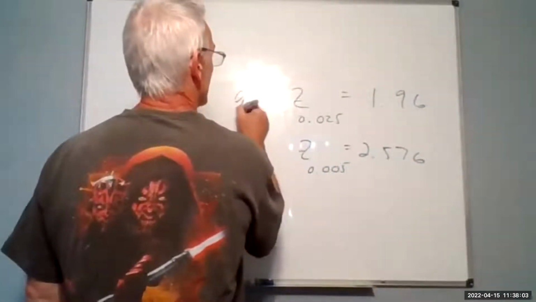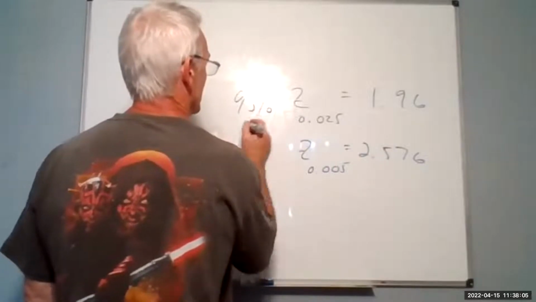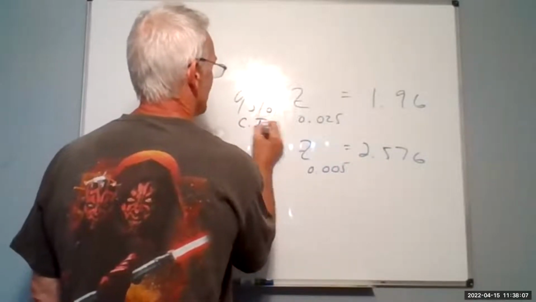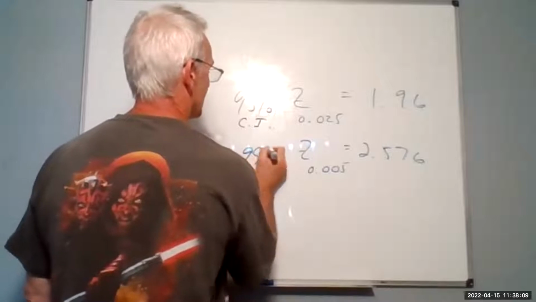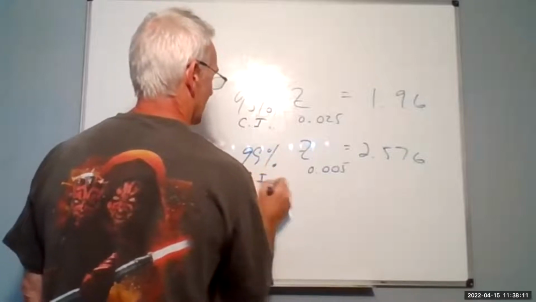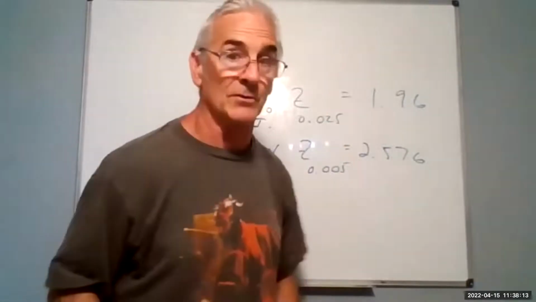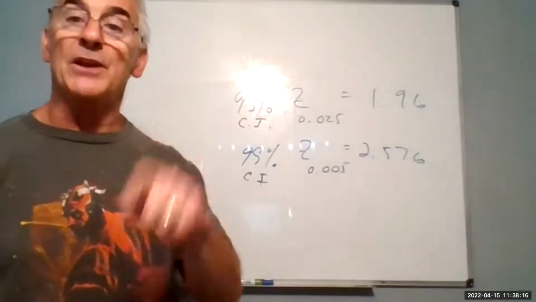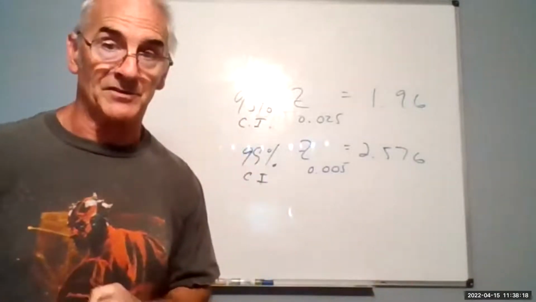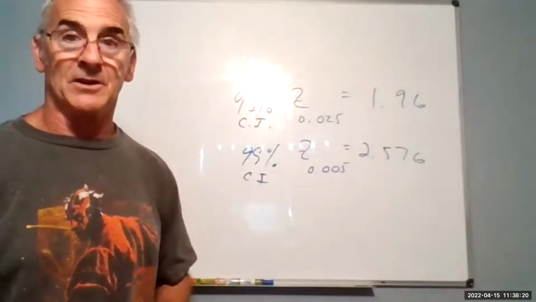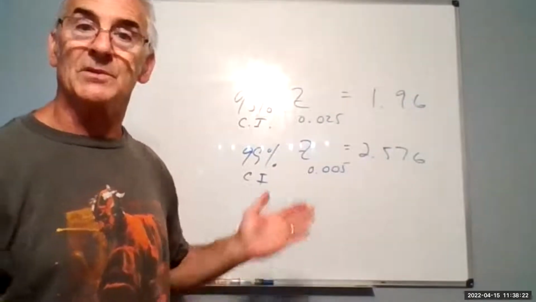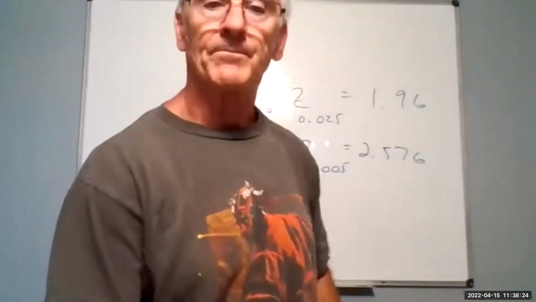So you might want to write that down on your formulas. I'm going to put the 95% confidence interval, the 99% confidence interval. For confidence intervals, those are the only two you're going to use. The other two numbers we use for something else that's coming up next after this test. But those are the two that you're going to use the most. Everybody cool with that? Hopefully.